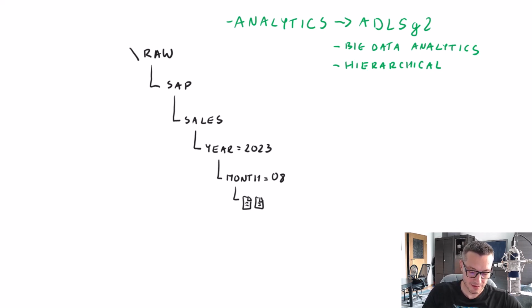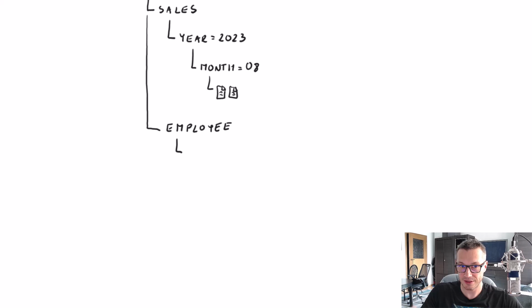Then what we might have from SAP is that apart from this sales dataset, maybe we also want to ingest employees. Employee. And again, we would partition it by our ingest date, that we would have year equal something and so on, right?